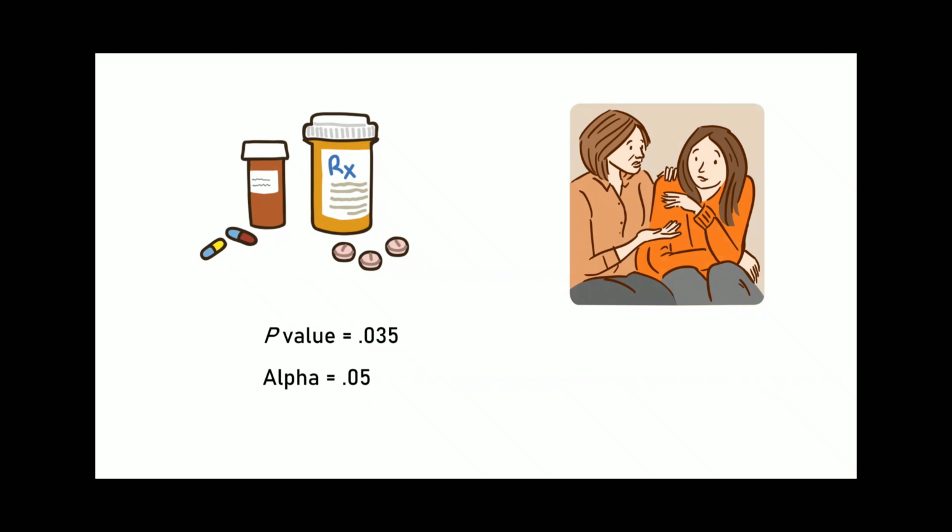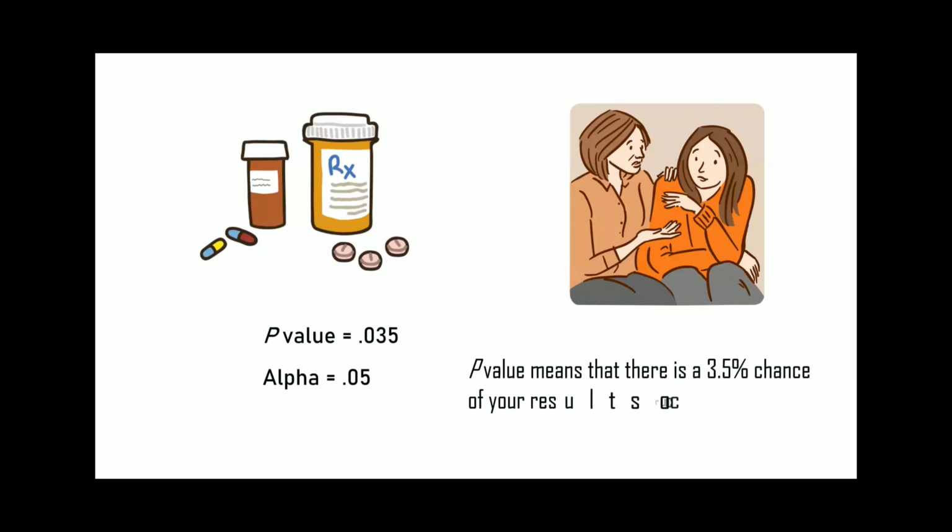So, you consider your results statistically significant and reject the null hypothesis. However, the p-value means that there is a 3.5% chance of your results occurring if the null hypothesis is true. Therefore, there is still a risk of making a type 1 error.